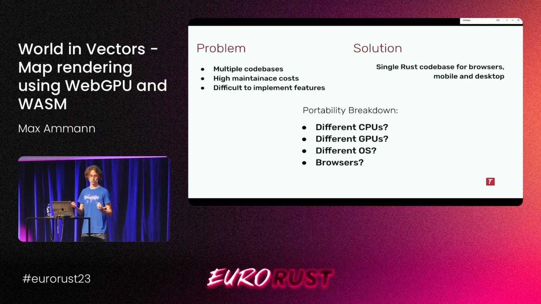So the solution is a single code base for browsers, mobile and desktop. We have to tick all of these boxes: support different CPUs, GPUs, different operating systems, and all the browsers.